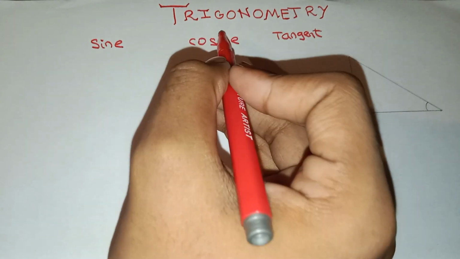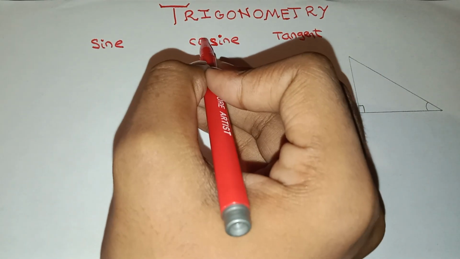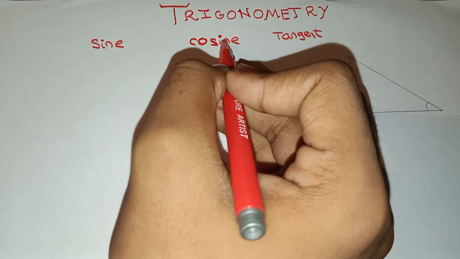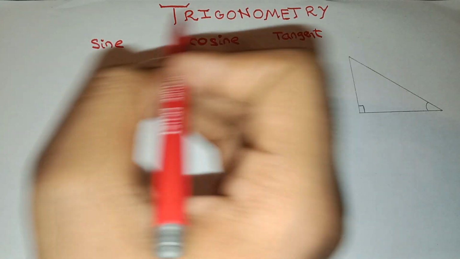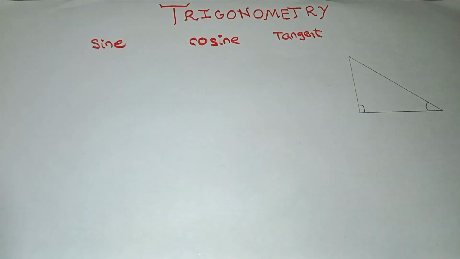These are the three trigonometric ratios. There are more, like cosec and sec, but they are very high level, so we will learn them in grade 10 or 11. So what are sine, cosine, tangent, and what are the trigonometric ratios?